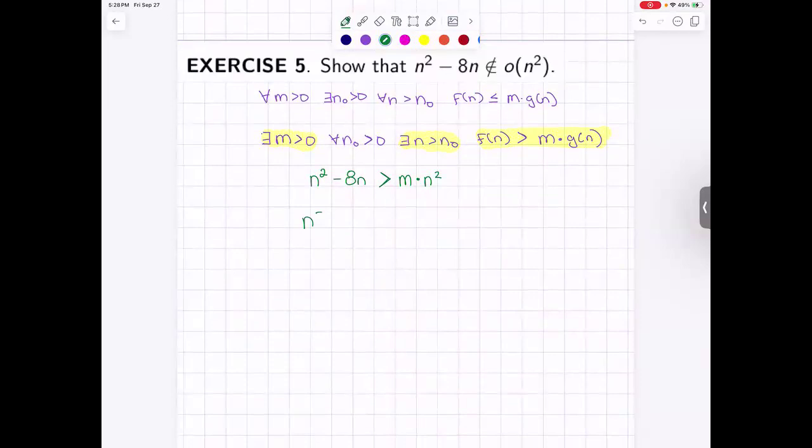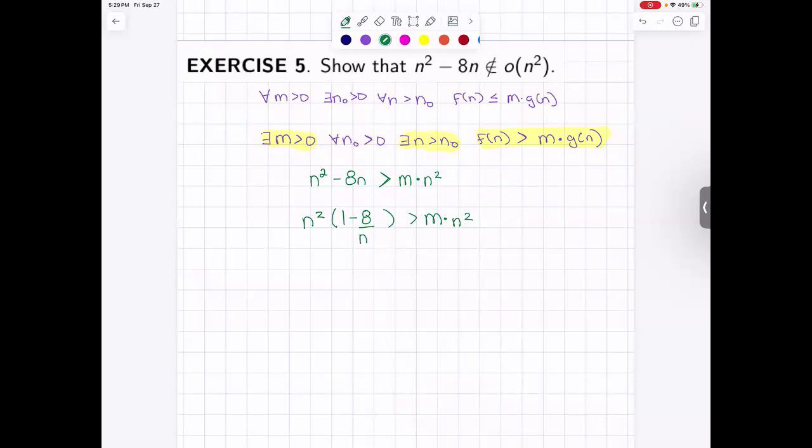So n squared gets pulled out, and this becomes 1 minus 8n greater than m times n squared. Now, oh, whoops. You got to pull it out here too. Silly me. And 8 over n.